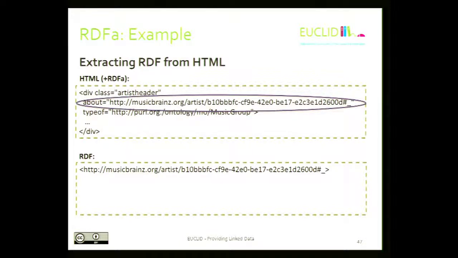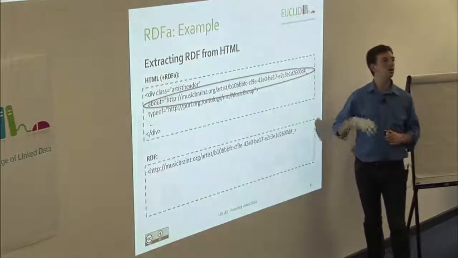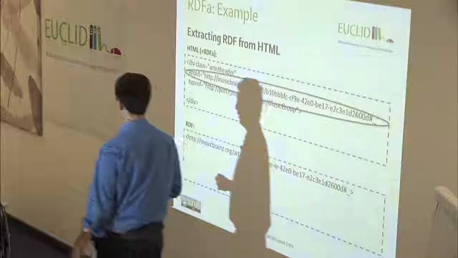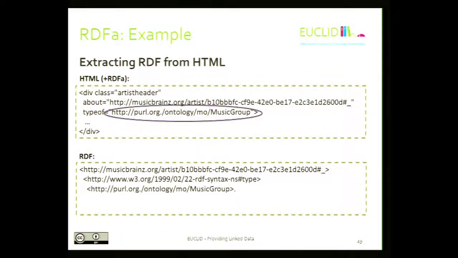And we say about with a URI, okay, the URI for the Beatles, not for the Beatles document, but for the Beatles themselves, because that's distinguished by having a #_, essentially what this document is about, not the document itself. And we use this typeof attribute and give that attribute a value of music group in the music ontology.